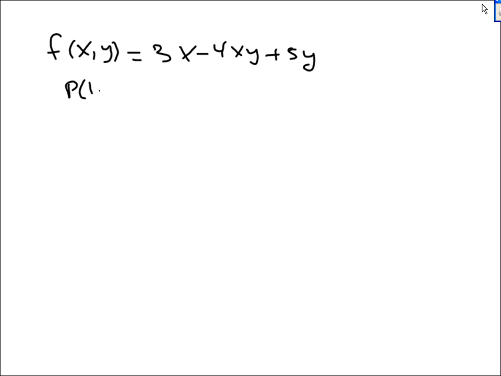You are given a point, and you are given a vector that gives the direction that you want: 1/2 times i plus the square root of 3j.